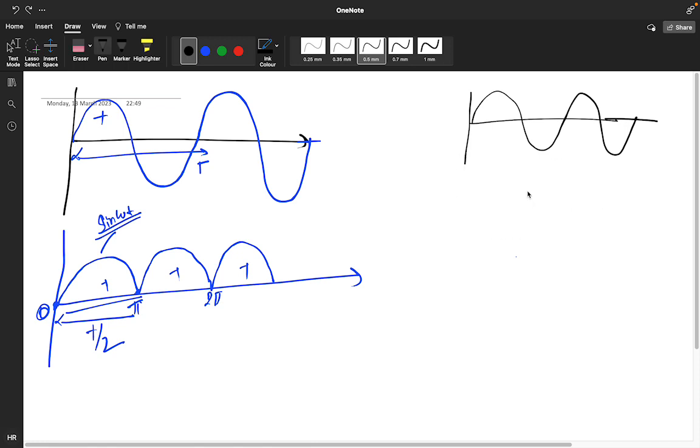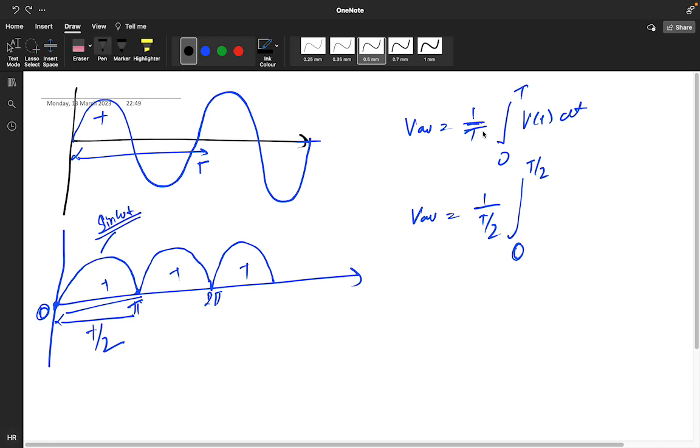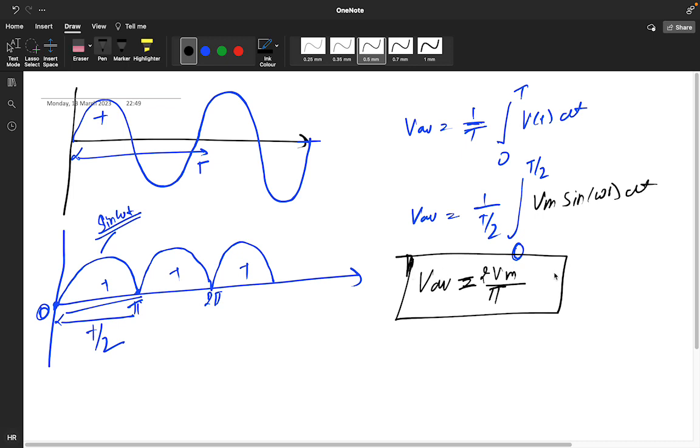Okay, if we'll do like this, so you have to use the same concept, v average is equal to 1 by t, 0 to t, v of t into dt. So you are using 1 by t by 2 into 0 to t by 2, this curve becoming like this, and you have to put the value of v of t is Vm sine omega t into dt. So what the average value you will get, you will get 2 Vm by pi. This value you will get.